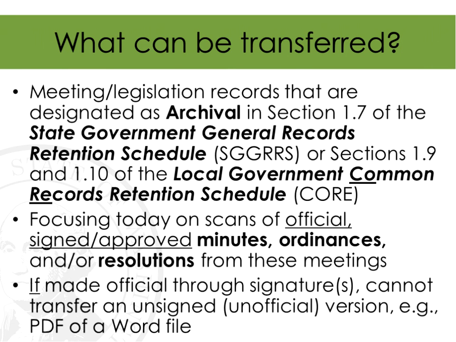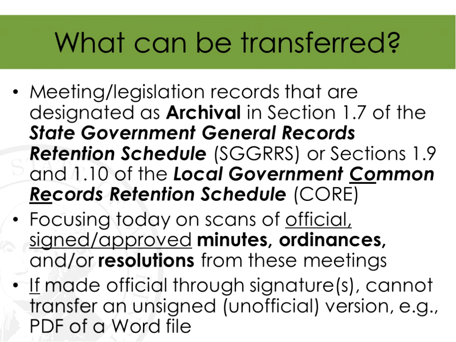Now, what we're going to be talking about today in particular are meeting and legislation records that are designated as archival. If you're a state government agency, one of the schedules that you're using is the State Government General Records Retention Schedule, or SGGRRS.